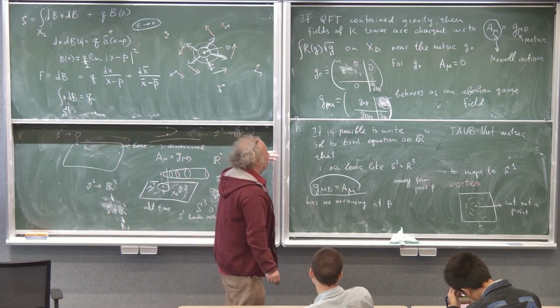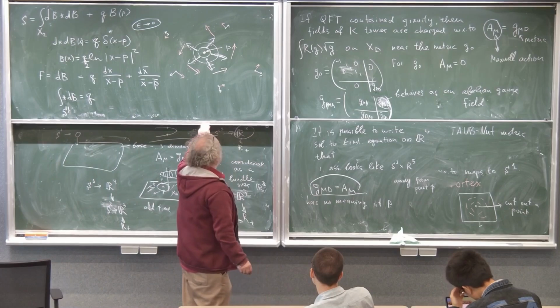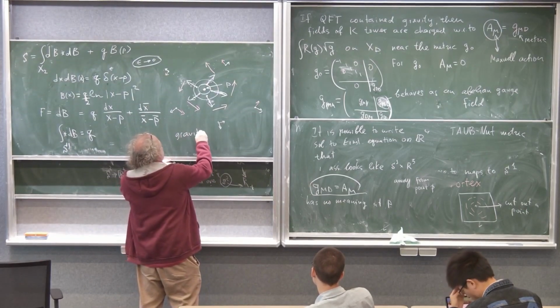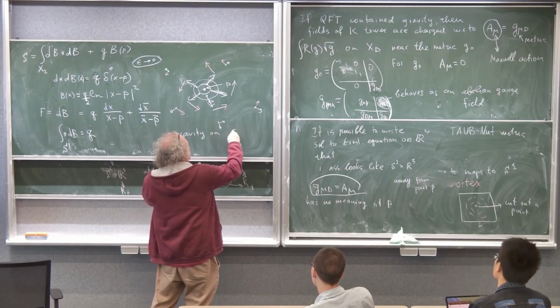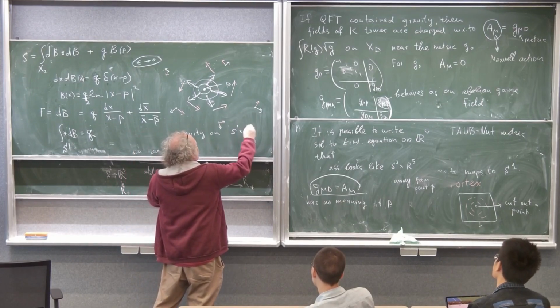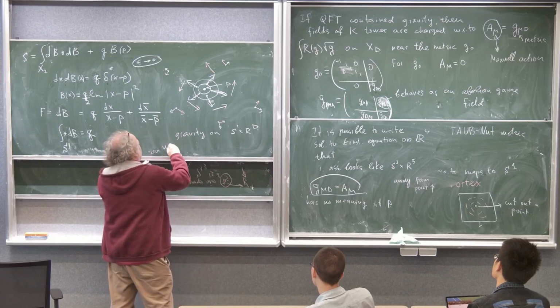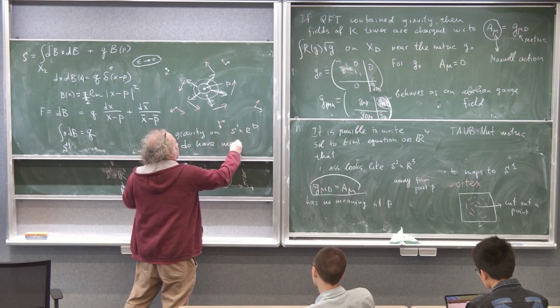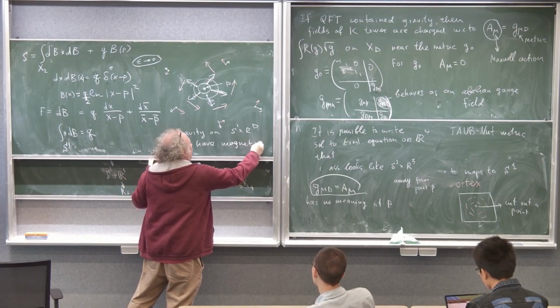So when we study compactification, gravity on S1 times Sd, we do have magnetic objects.